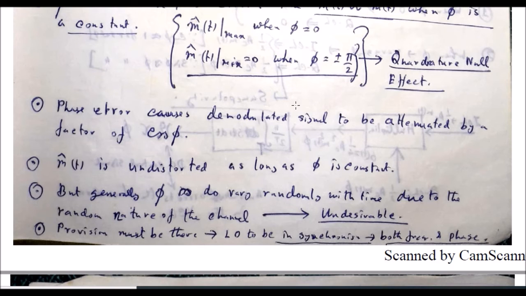That's why it is very natural that the phase difference between the transmitted carrier and the locally generated carrier at the receiver end changes with time. Phi changing with time is quite natural in the practical case.